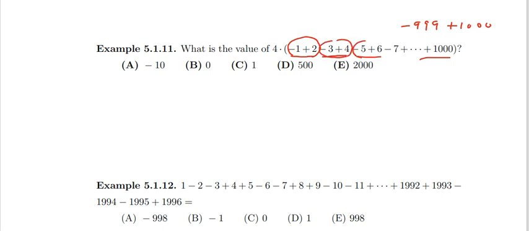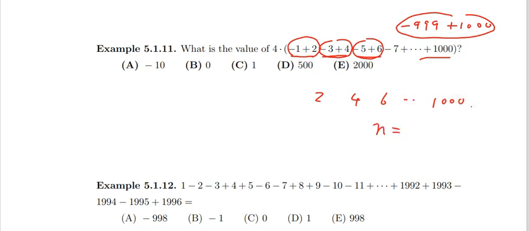So we just check how many ones. So we just check this number from 2, 4, 6 to 1000. How many times? n equals what? I think it's 500, right? So we have 501. So multiply by 4. So we say we have 2000, right?